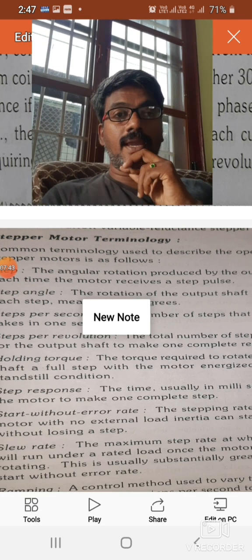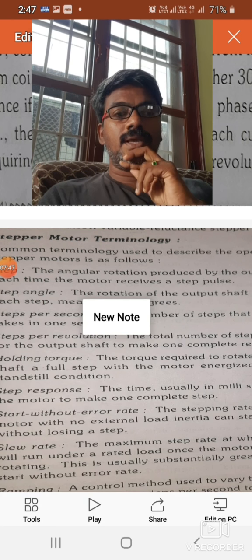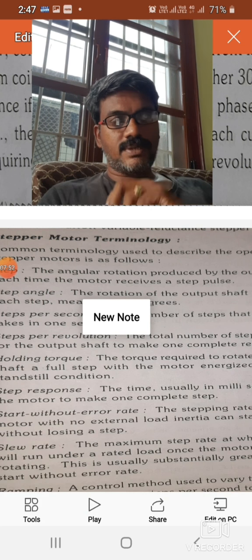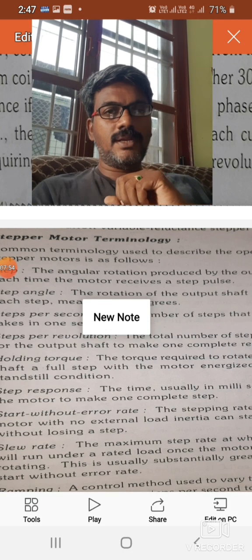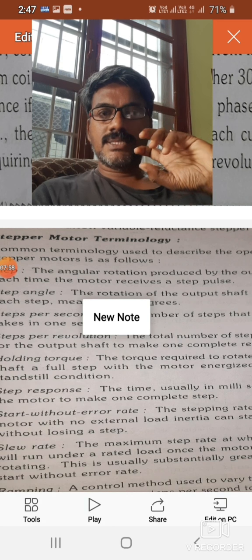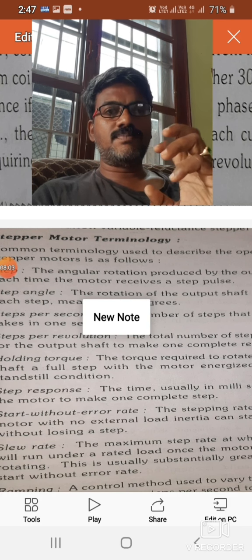What is the step? The angular rotation produced by the shaft each time the motor receives a step pulse. Every time the motor is given a pulse, the rotor rotates, step by step.